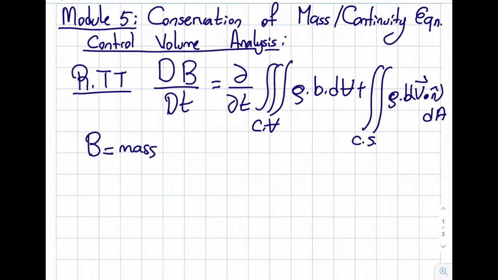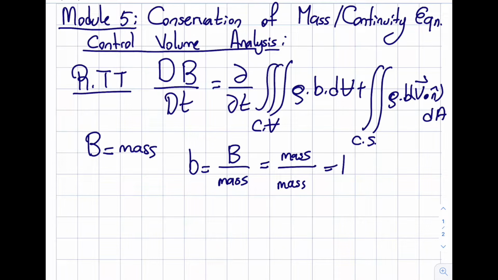If you remember, this capital B was the extensive property, and there's a corresponding intensive property defined by B divided by mass. In this particular case, it is mass over mass. So what is this? Well, 1, right?